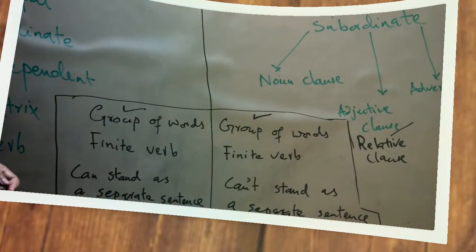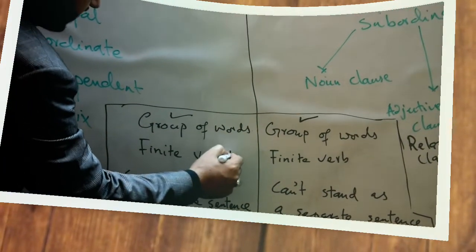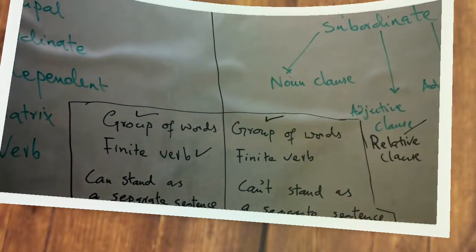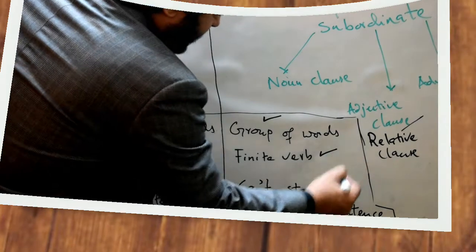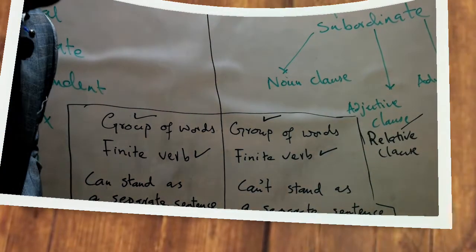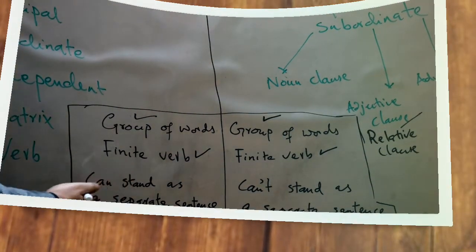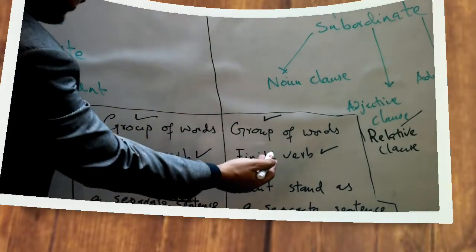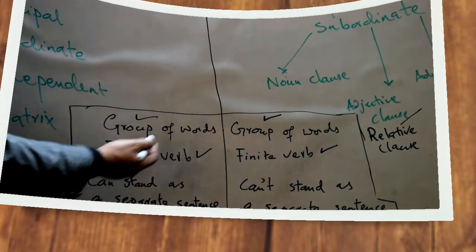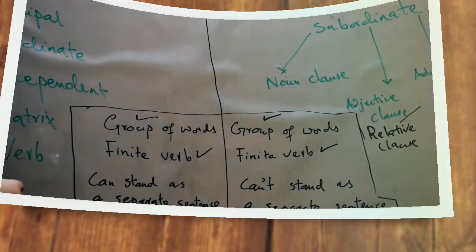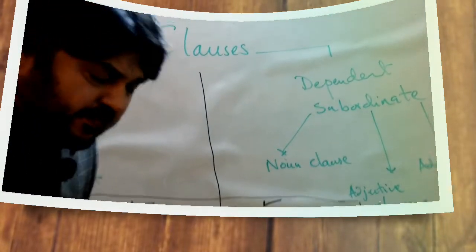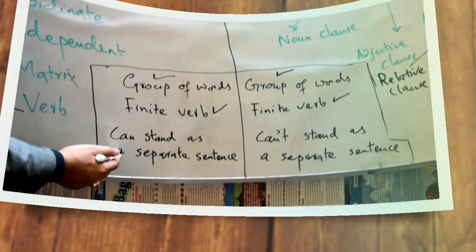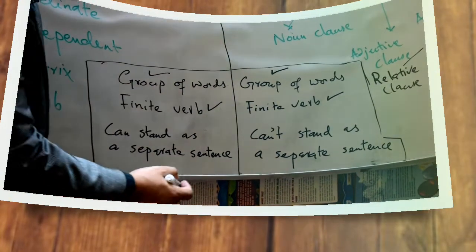A main clause has got a finite verb. Yes or no? A finite verb is there in the subordinate clause as well. So similar group of words, it has a finite verb, it also has a finite verb. Where does the difference come? This is the area where the difference comes.